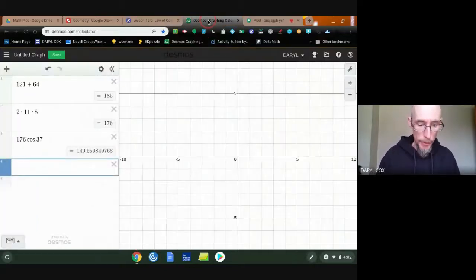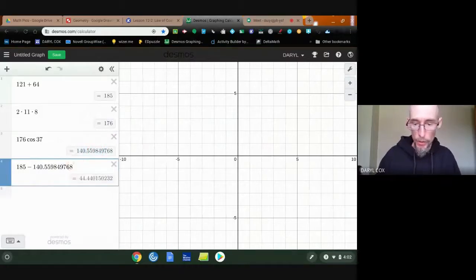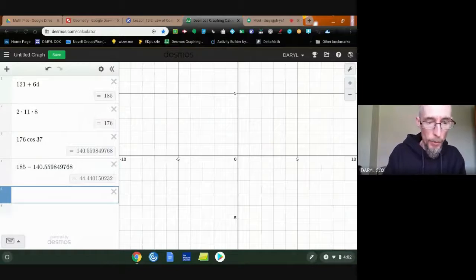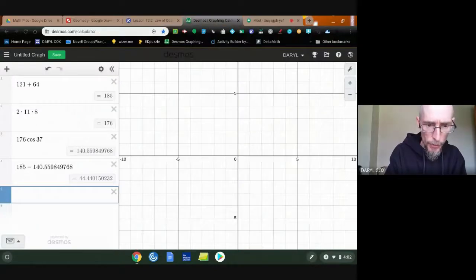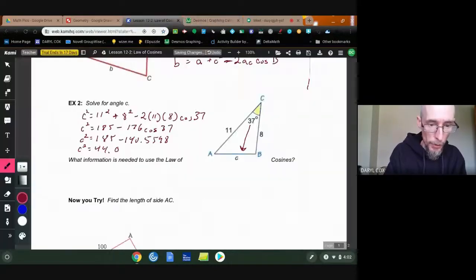So that's 185 minus 140.5598, and I'm going to copy and paste it. That gives 44.4402. But that's c squared, so I need to take the square root of that now.